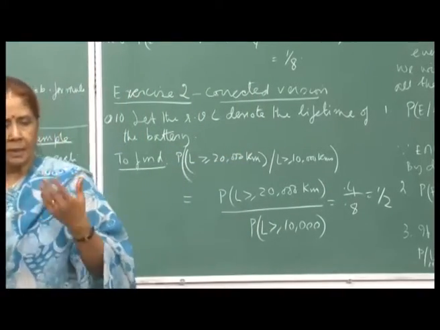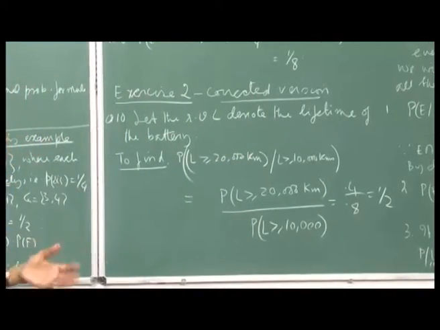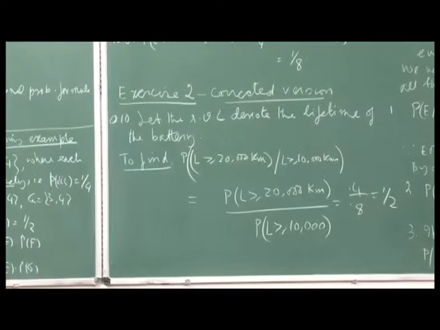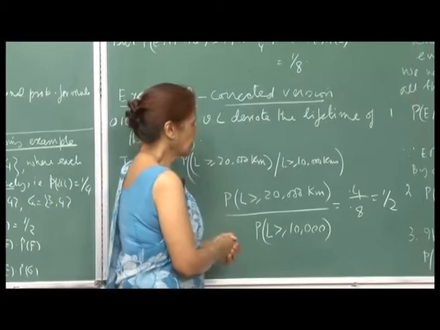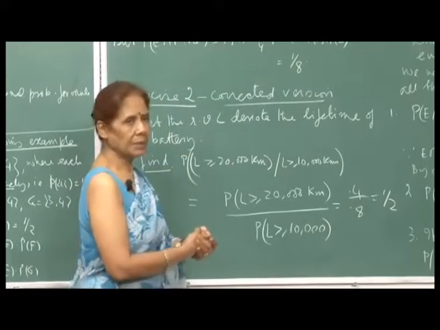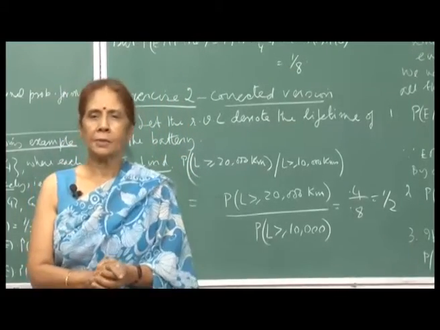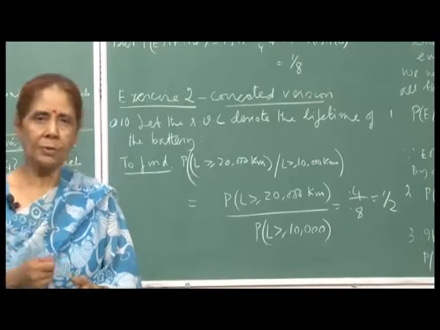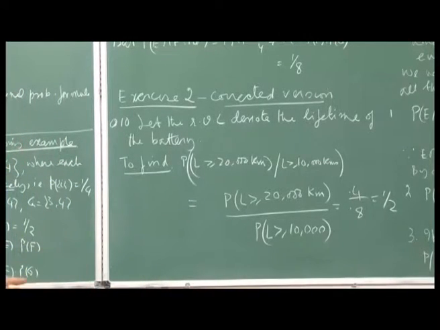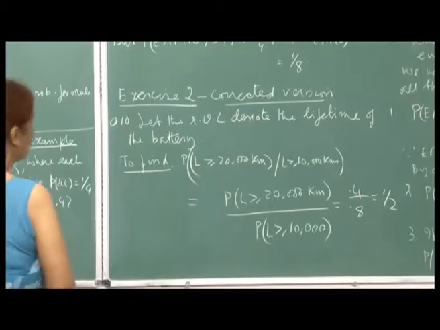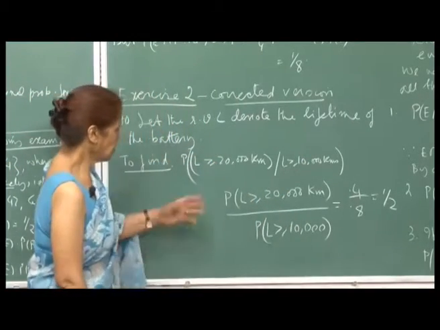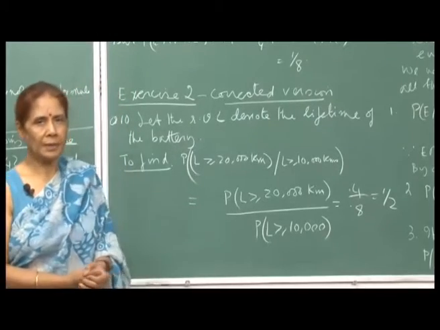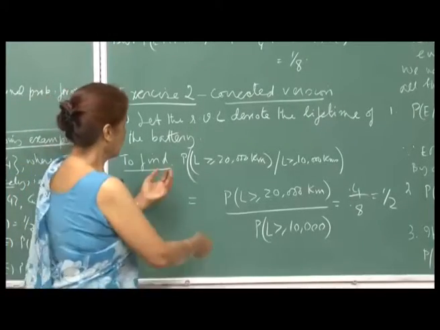And you were asked to find, if you have bought a battery which has already run for 10,000 kilometers, what is the probability that it will be running for more than 20,000 kilometers. That means its lifetime will be more than 20,000 kilometers given that it has already run 10,000 kilometers. So, this is a simple case of conditional probability.